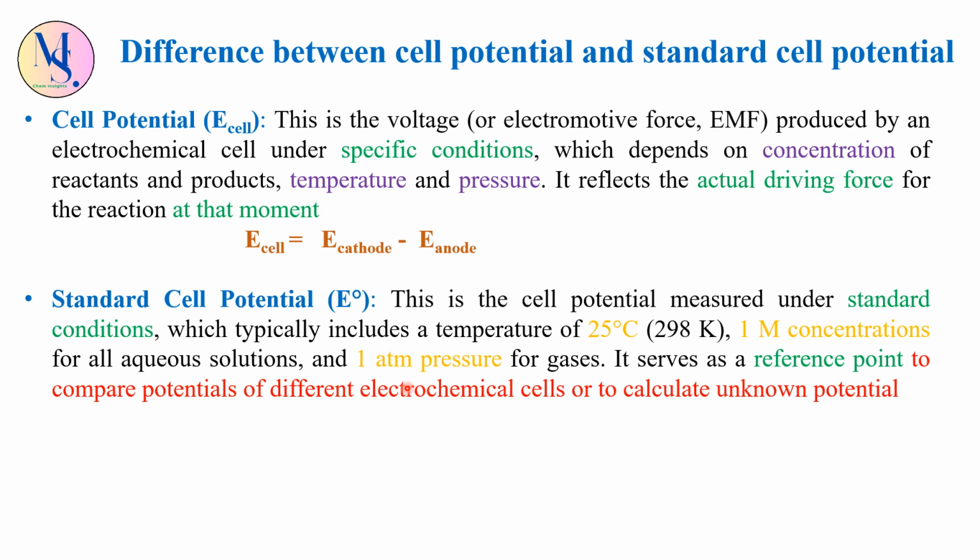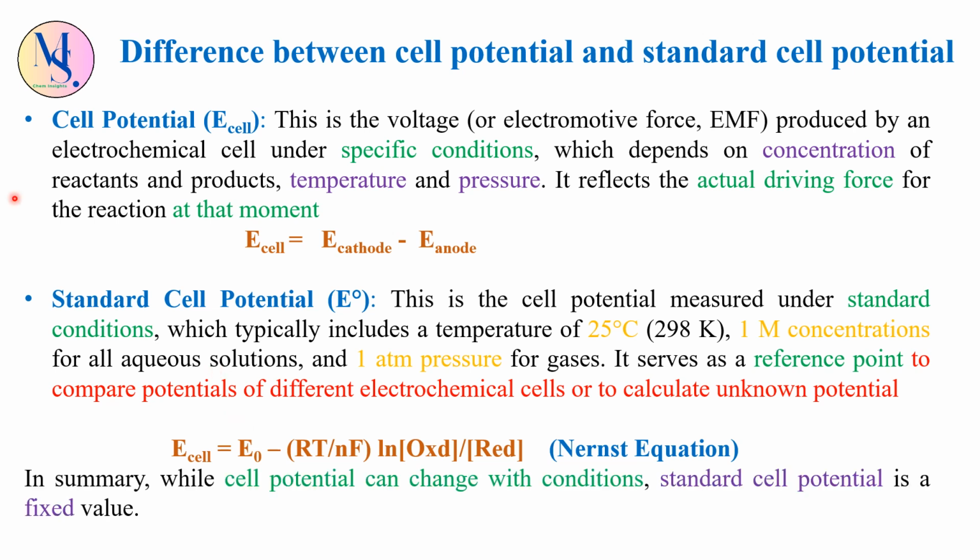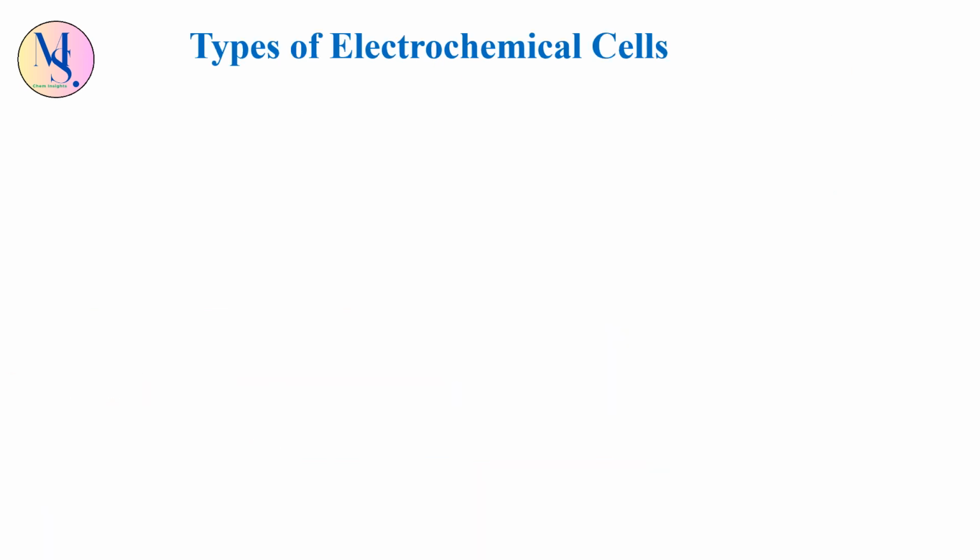So the standard cell potential may be used as a reference point to compare the potentials of different electrochemical cells or to calculate the unknown potential with the help of the Nernst equation, which we will learn later on. So the cell potential can change with the conditions of temperature, pressure and concentration, while the standard cell potential is a fixed value. So let's move towards the types of electrochemical cells.